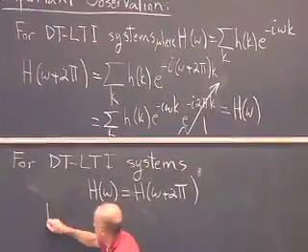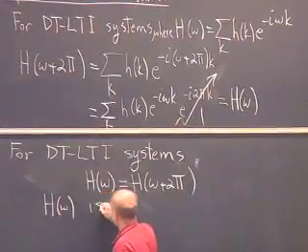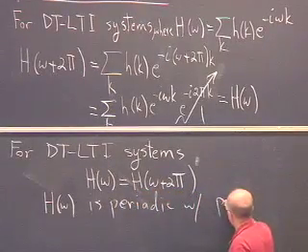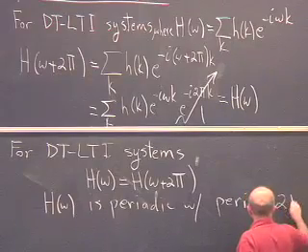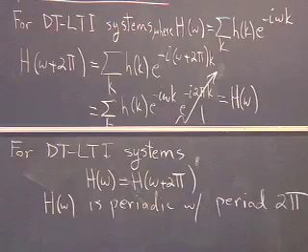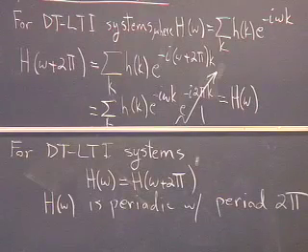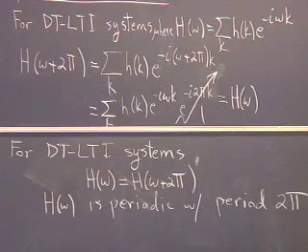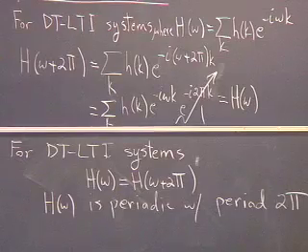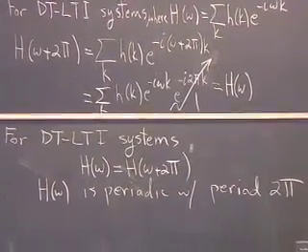In other words, H is periodic with period 2 pi, which means when you want to plot it, all you have to do is plot it over an interval of length 2 pi. And you get to pick what that interval is. If you want to use 0 to 2 pi, more power to you. If you want to use minus pi to pi, more power to you. Depending on what the structure of H of omega is, one may be preferable to the other.